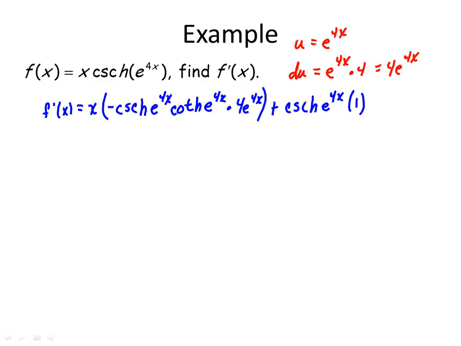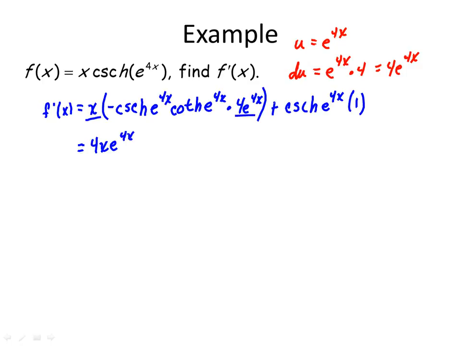Alright, so clean up. Now, in the first grouping, can you tell me what the coefficient's going to be? What can I multiply together? So you're going to have 4x e to the 4x. Those are the only things that I can multiply together.